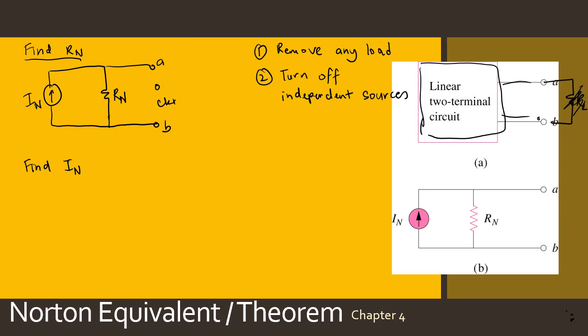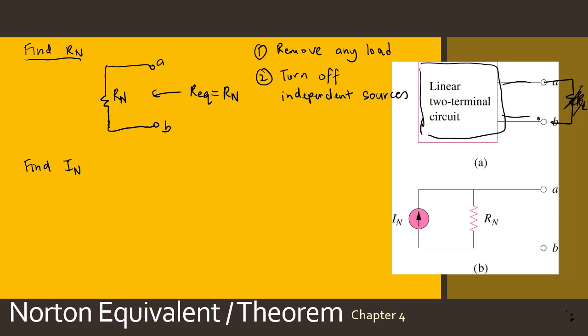How to find this R Norton? You need to turn off the independent sources. To turn off a current source, you need to replace it with an open circuit, right? Then whatever equivalent resistance here is actually equal to this Rn, because we basically don't have anything else here. So R equivalent is equal to Rn.